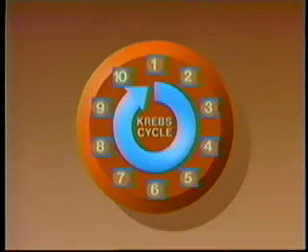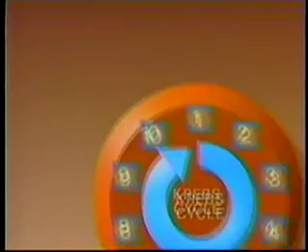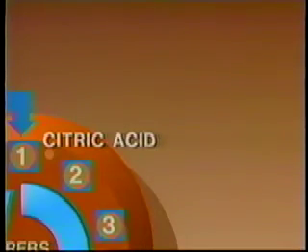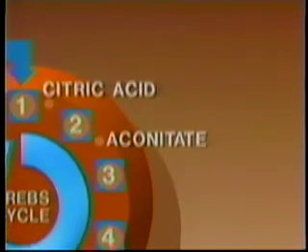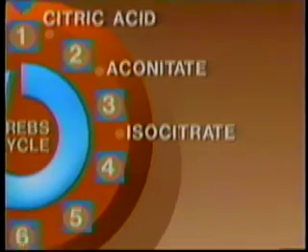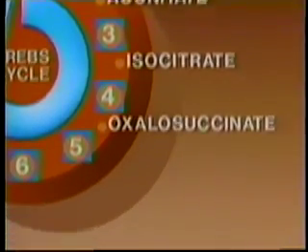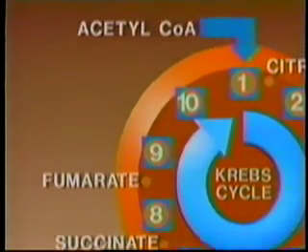The Krebs cycle began with the prime player, acetyl-CoA, reacting with oxaloacetate. Through a series of 10 stepped reactions, oxaloacetate is transformed to several different reactants and is cycled back to oxaloacetate.